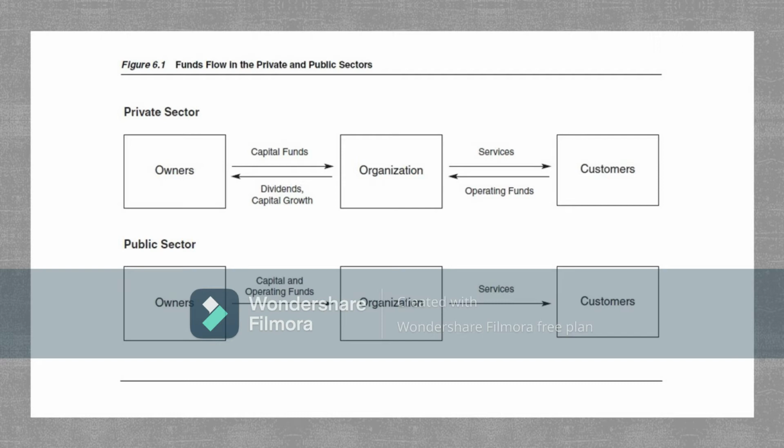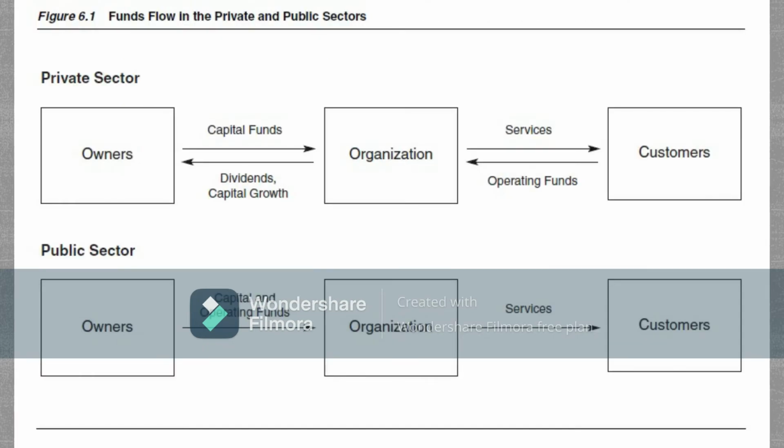As illustrated in figure 6.1, in the case of the private sector, capital funds flow from the owners to the organization, where by and large operating funds come from customers. In a public sector organization, when there is no charge for services such as education or social security, both capital and operating funds flow from the owners of the organization, for example, the government.